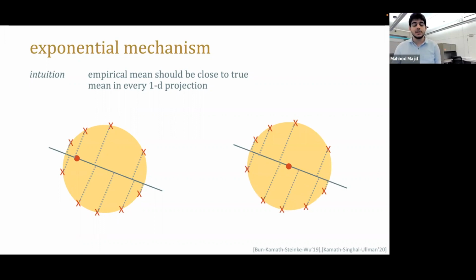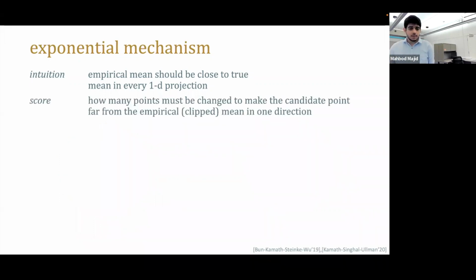However, if there doesn't exist any direction like that, then this candidate point is probably a good point. Based on this intuition, now we can define a score function. This is a pretty standard way of designing score functions for the exponential mechanism. It may seem kind of odd, but it has appeared before.